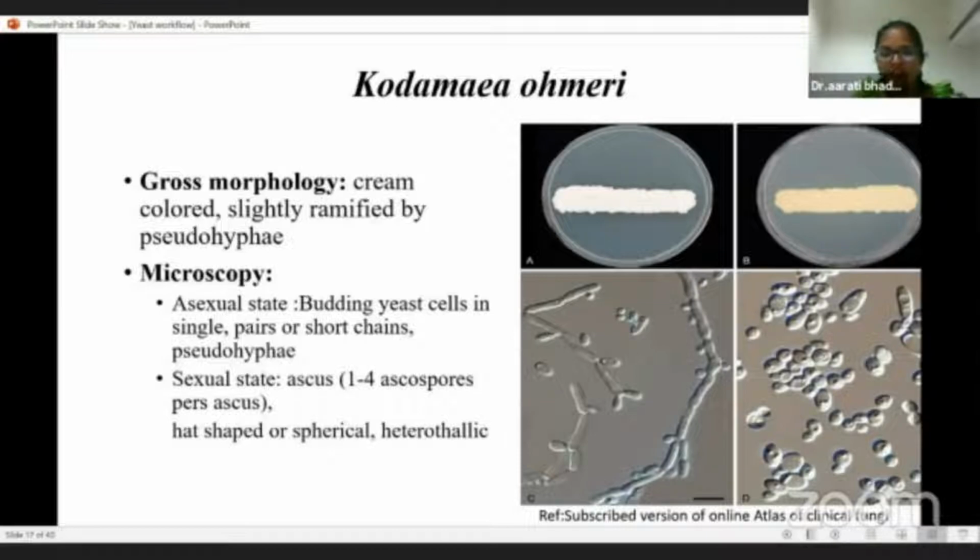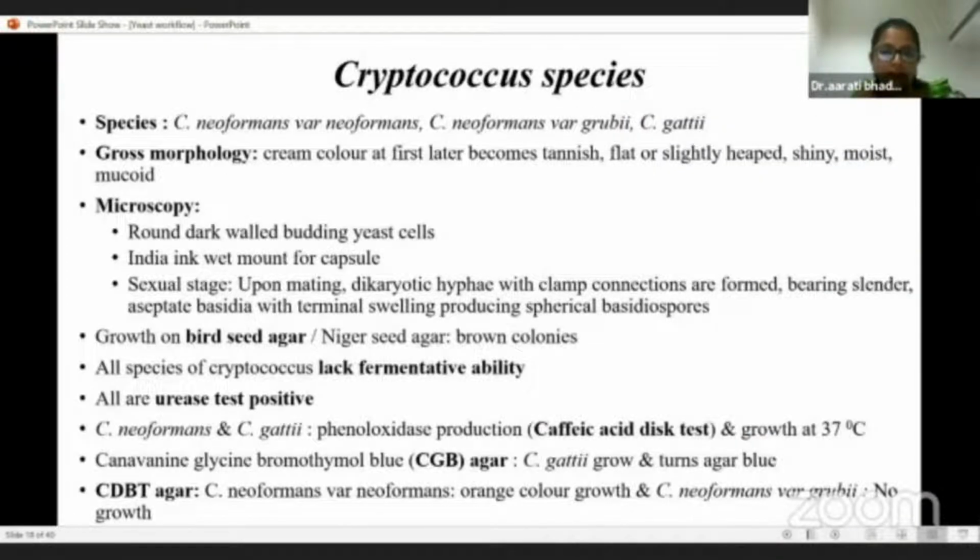And in the sexual stage, we can have hat-shaped or spherical ascus. So budding yeast cells will be there, which can be in pairs or short chains, and pseudohyphae can also be there. So the next species is Cryptococcus.